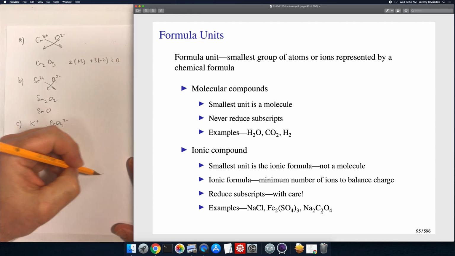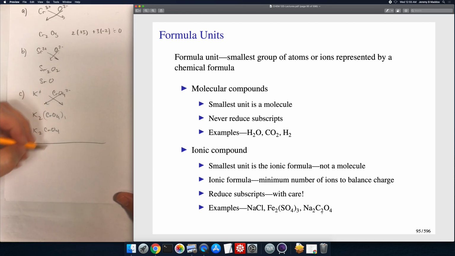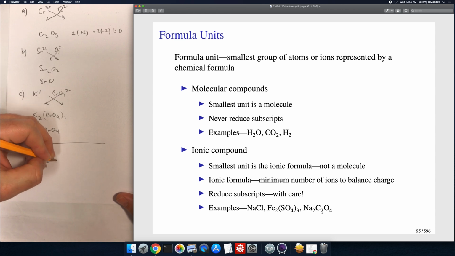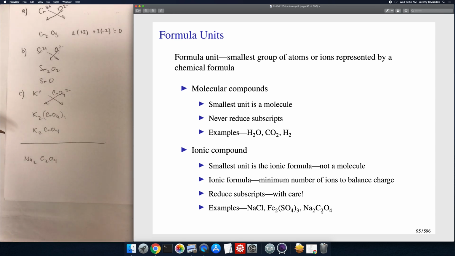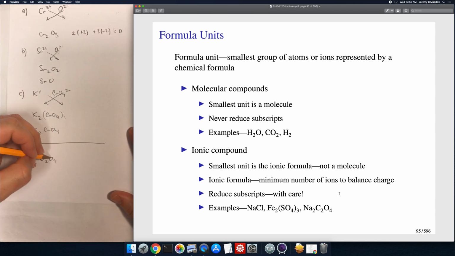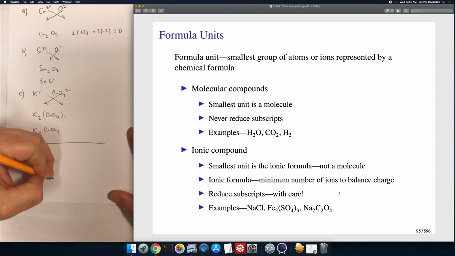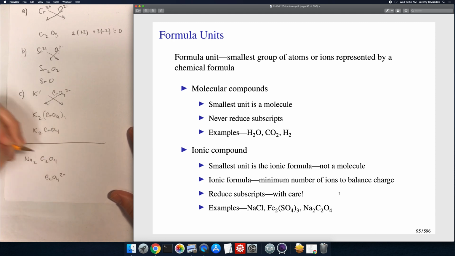So we have one more special example, the sodium oxalate species. So this is a metal, these are nonmetals, so this is an ionic compound. The rule is you're supposed to reduce the subscripts, but it's not correct to do it in this case because the anion is a polyatomic anion with a -2 charge, and the sodium is the cation.